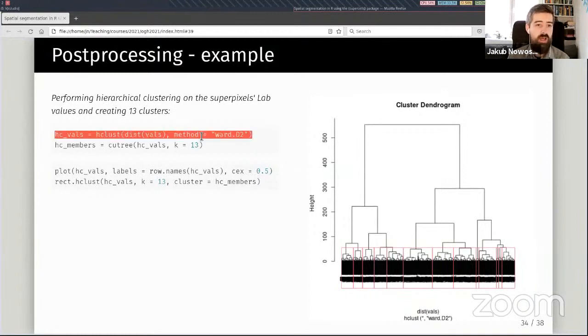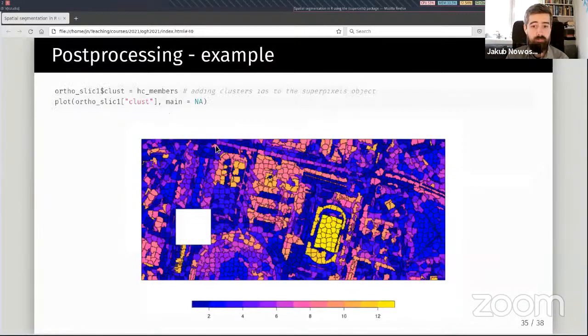So first, I just apply hierarchical clustering that you can see on the right. And I decided based on this dendrogram that I want to have maybe 13 separate clusters or categories. And you can see that we've got 13 different categories. And of course, I can do less and more if I want.